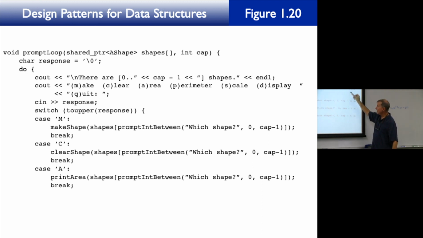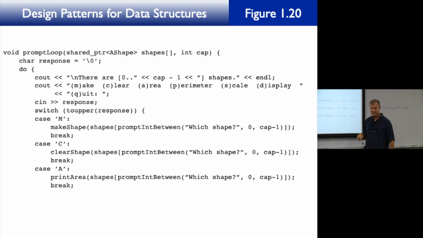Shapes, and then end line, start of the next line, and then there's make, clear, area, perimeter, scale, display, quit, and then we do cin response, so that whatever letter you type, that response gets that. And then there is a method called toUpper that converts, whether you type uppercase or lowercase, it converts it to upper, and we do a switch on that, so you guys know the switch statement with case, right?